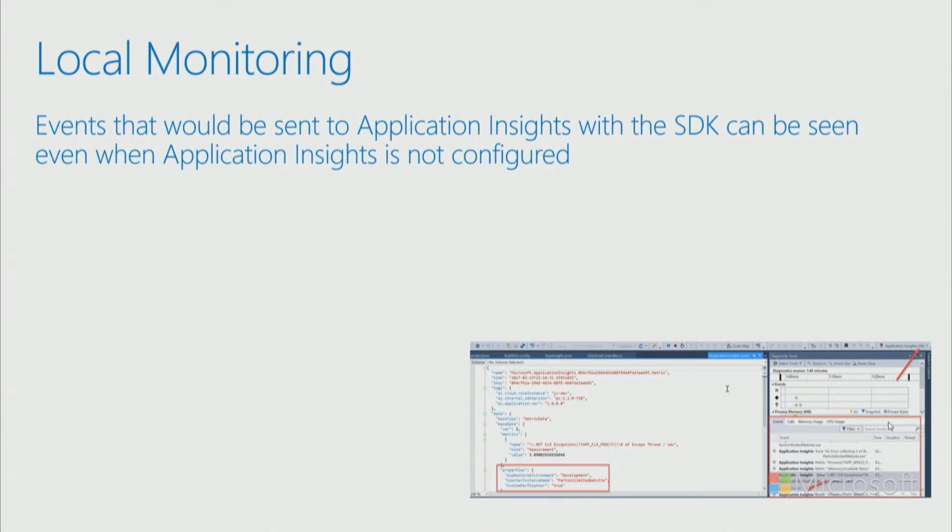It's not really being sent, but you can inspect it, for example, if you want to know what kind of information is going to be sent to Application Insights, or if you want to debug and understand custom events and stuff like that, so you can see what kind of data would be sent when you are using your application in debug mode or something like that.